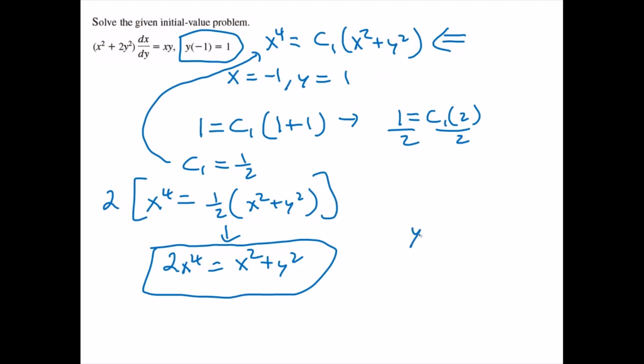We used the substitution y equals ux to get an equation that was in the form of something separable, and then we used separation of variables to get this general solution. x to the fourth equals c sub 1 times x squared plus y squared, and then we were able to use the given condition in order to solve for c sub 1, ultimately getting this solution 2x to the fourth equals x squared plus y squared.